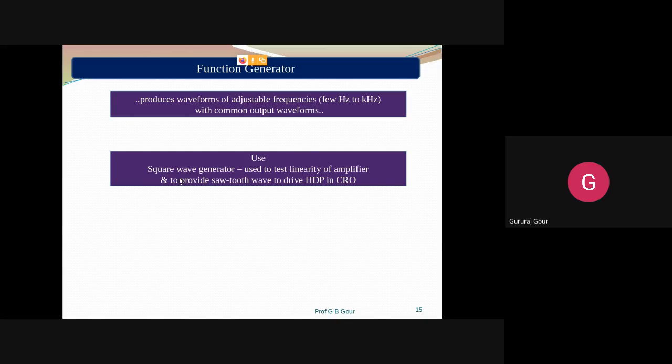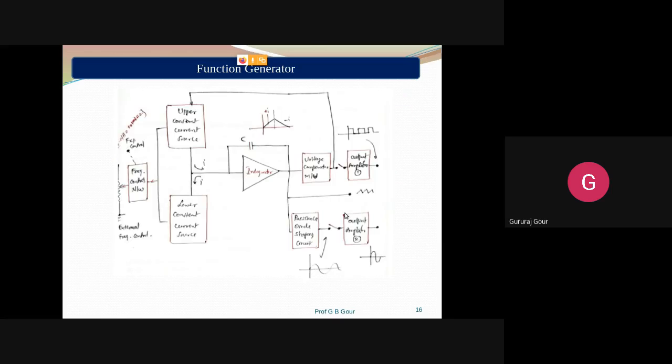For example, the square waveform you need to test the linearity of the amplifier, or to study the gain characteristics of the amplifier. The sawtooth waveform is also required to drive the horizontal deflection plate in the CRO. So like that, these function generators are quite useful in most electronic devices or applications.